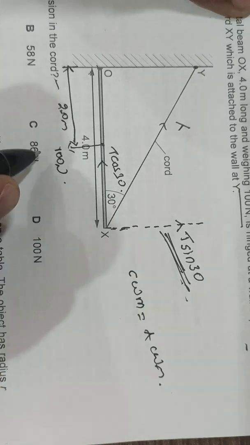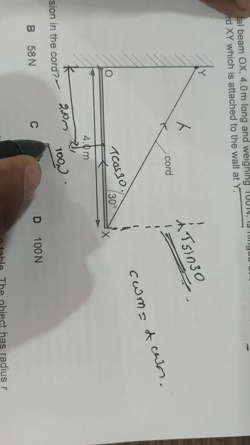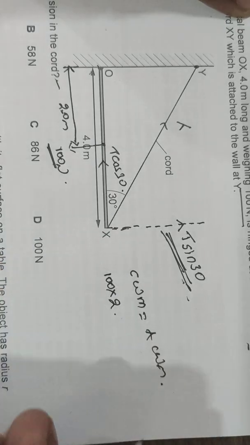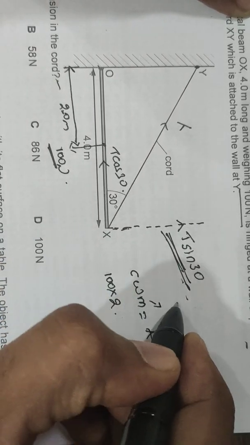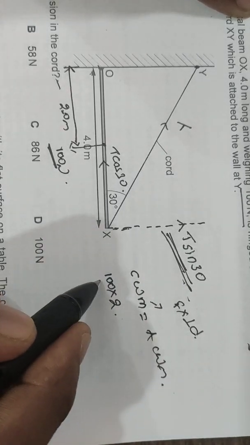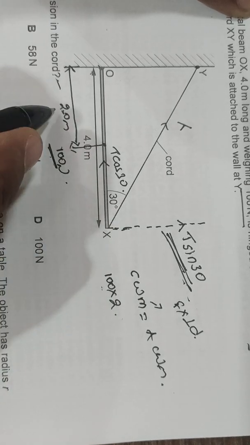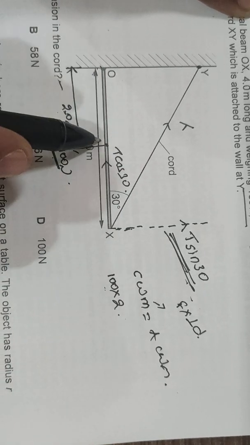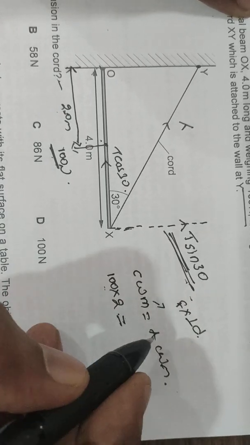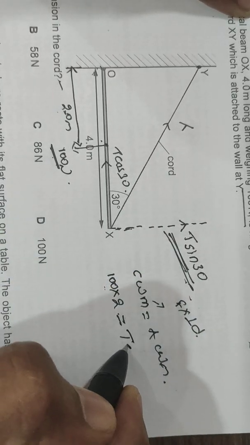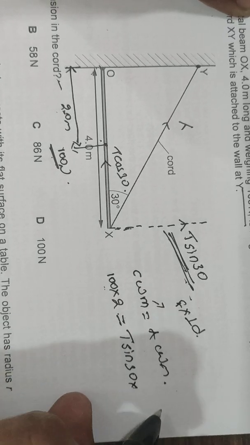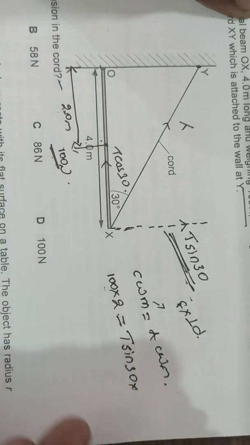So how to calculate the moment produced by this 100 newton force: a moment is force times perpendicular distance, right? So 100 times 2, where 100 is the force and 2 is the perpendicular distance from the hinge to the point where it is acting, and that is equal to the anti-clockwise moment, which is T sine 30 times the perpendicular distance from the hinge, which is 4 meters.